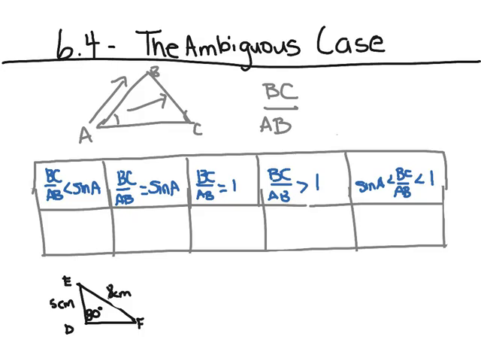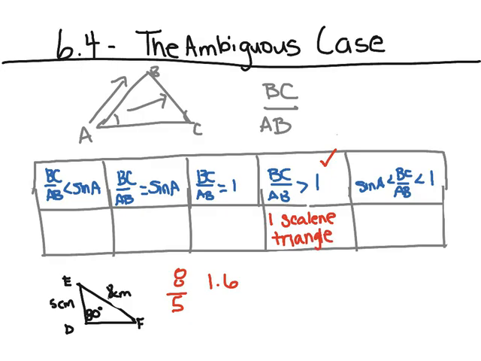So for example, one at the bottom. We have an 80-degree, and we have 8 over 5. If you take 8 divided by 5, you get 1.6. Because we know BC over AB is greater than 1, it's going to be in this box, and what we have here is one scalene triangle. And what scalene means is that all the side lengths are different.